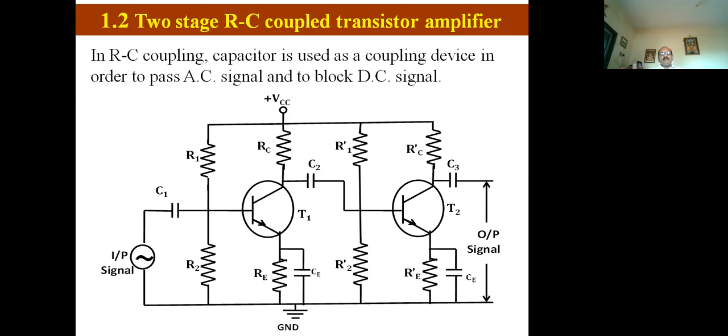We will see not the transformer coupled or direct coupled amplifier, but the two-stage RC coupled amplifier. Why? Because its gain is large, its cost is small, and its frequency response is good, so the RC coupled amplifier is the most important.